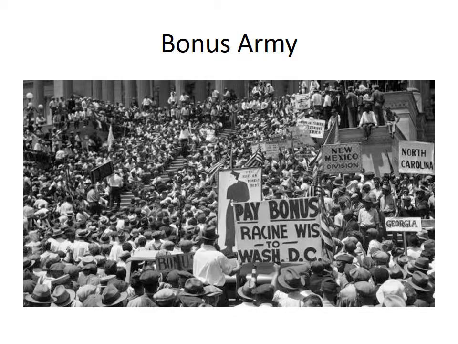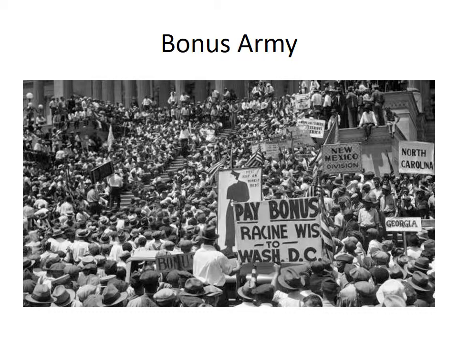An interesting thing that happened was something called the Bonus Army. During World War I, veterans were issued certificates that they could redeem in 1945 and get a bonus for World War I. Well, they wanted to get this bonus money early, and they marched to Washington.